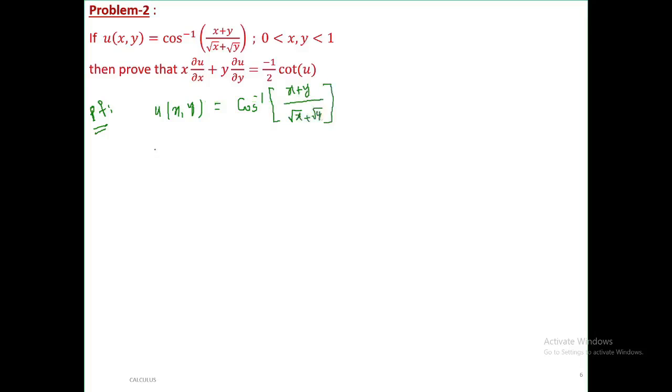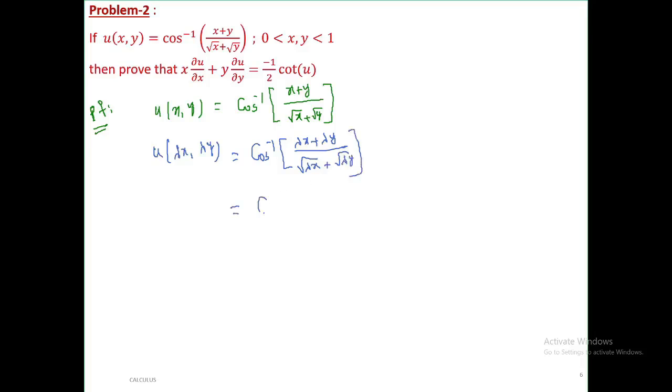Now let us verify whether it is a homogeneous function or not. So u of λx comma λy is equal to cos inverse of (λx + λy) divided by (√(λx) + √(λy)).